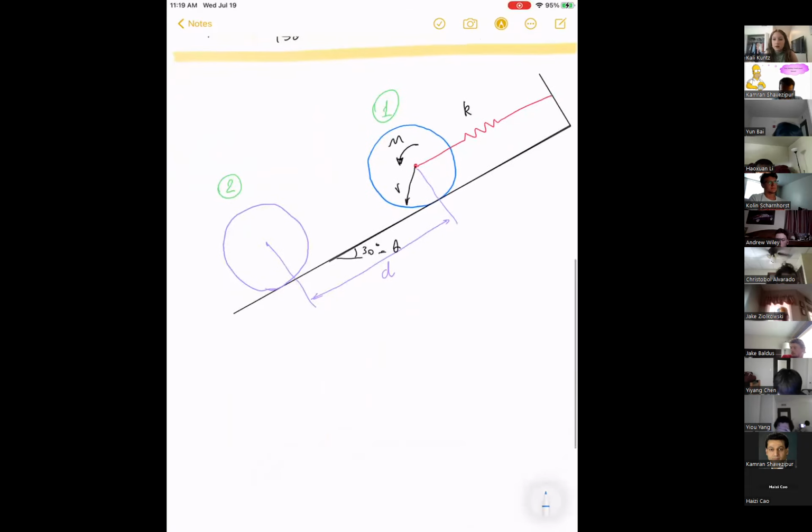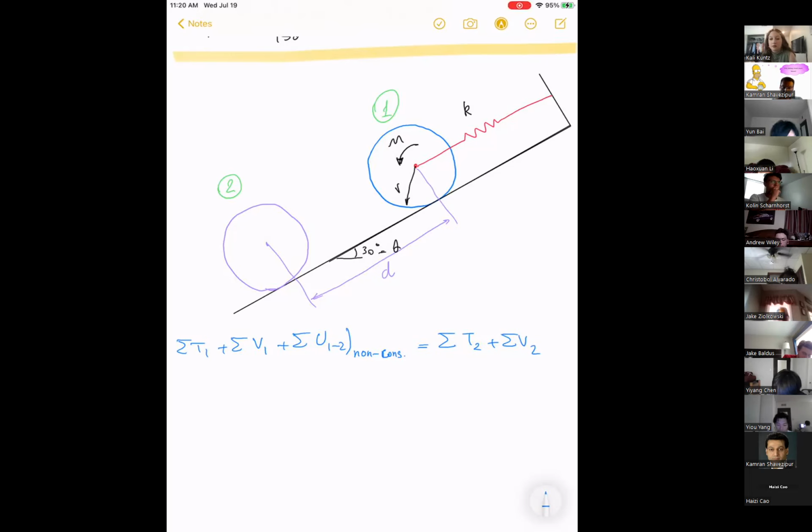That means summation of T1 plus summation of V1 plus summation of U12 non-conservative is summation of T2 plus summation of V2, right? This is the overall equation. Any question about this equation? This is just straight from the notes, right?